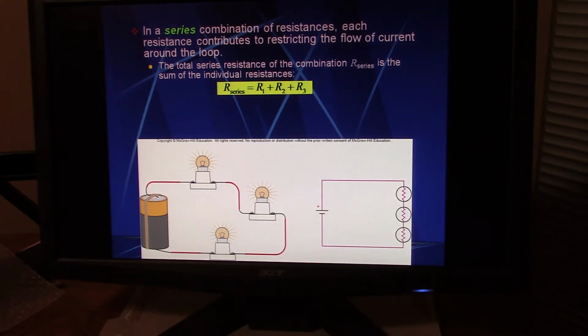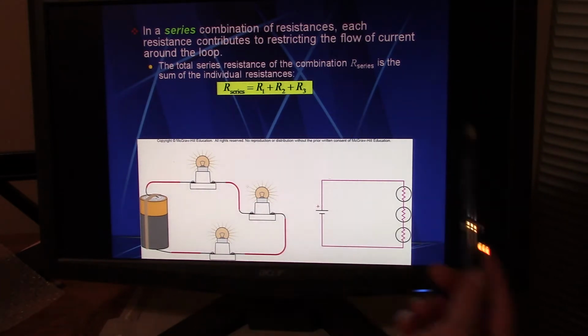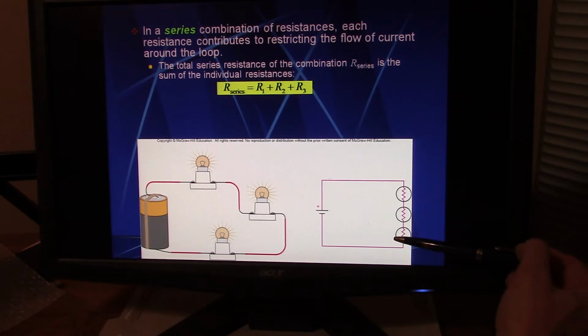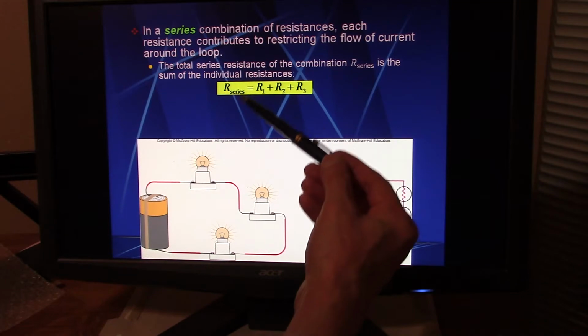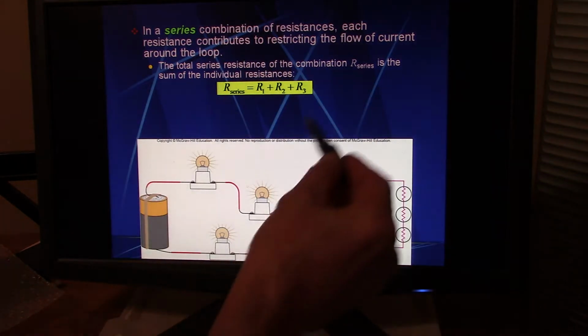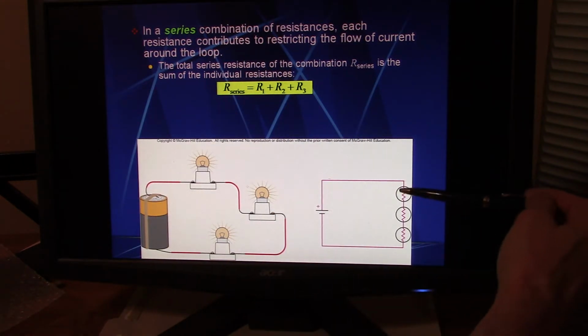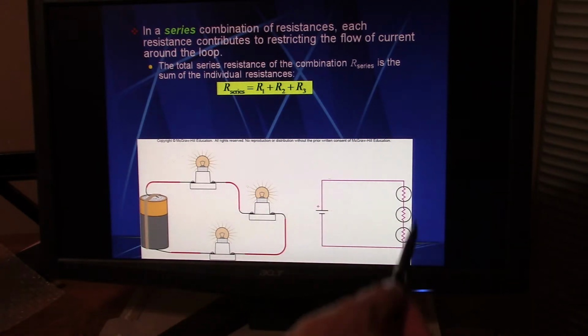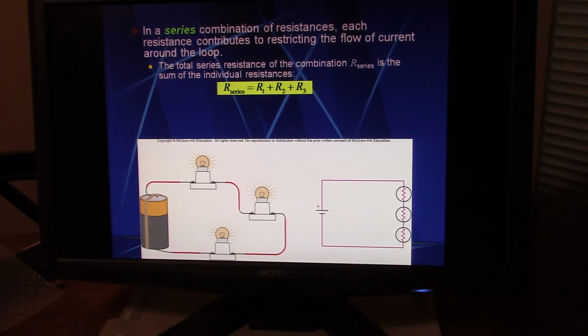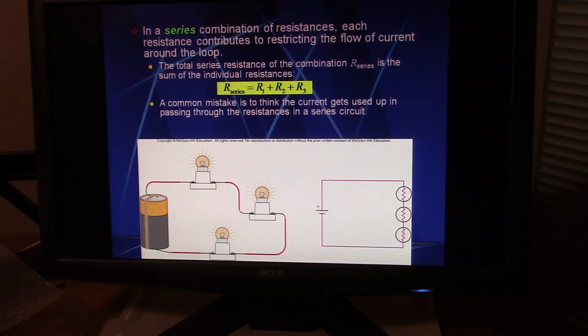Then, using the formula we just figured out, current is equal to voltage divided by resistance, you would add all 3 resistances, get this R, then divide that into your voltage and get your current. So simple. If you have more resistors, you just add them all up, and as far as the battery is concerned, it's like there's 1 big resistor there. That's the way it thinks.